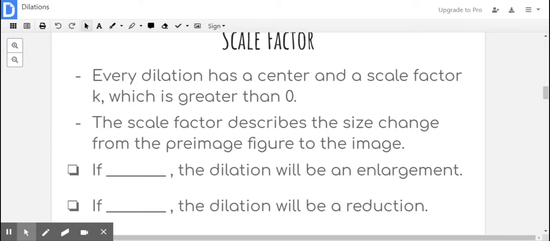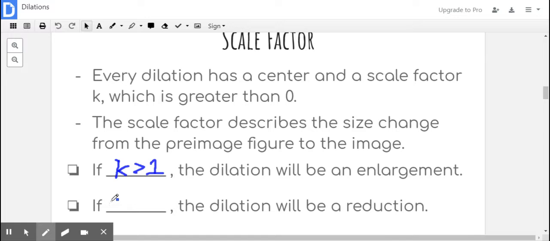If k is greater than 1, then our dilation will be an enlargement. Our shape will be that many times bigger than the pre-image.